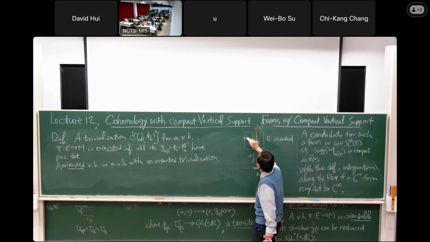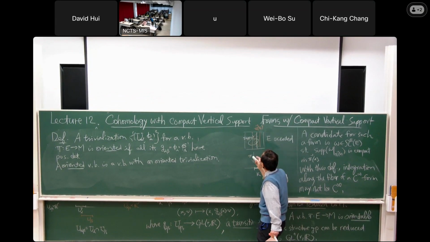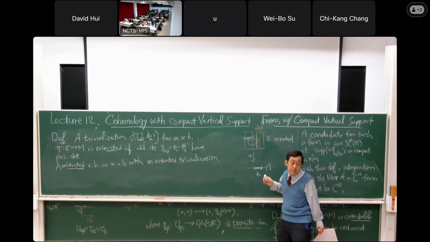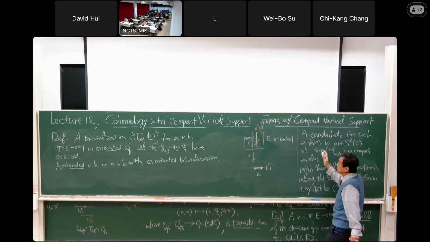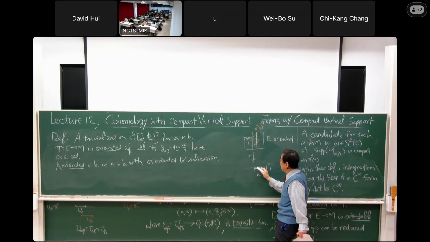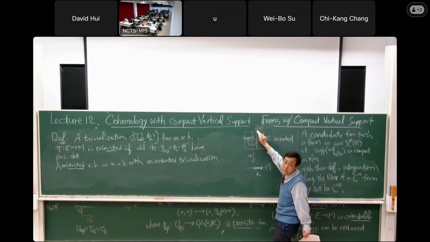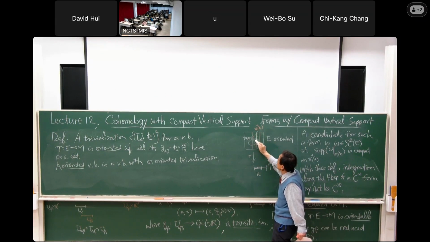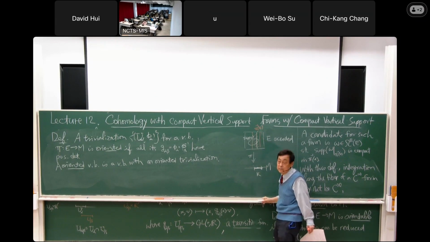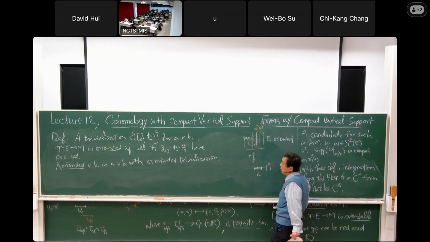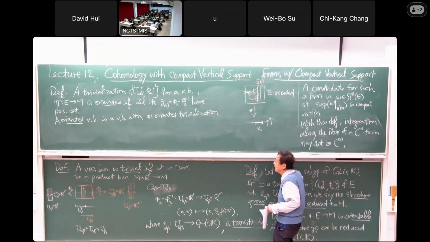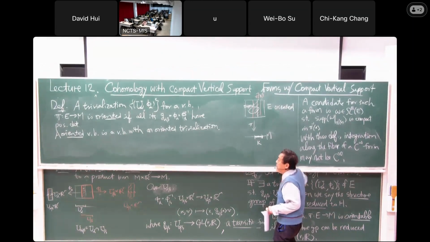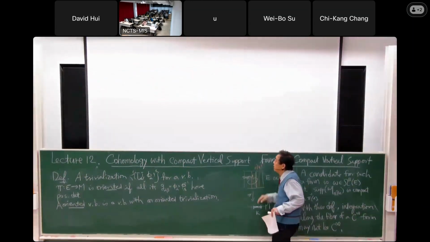Okay? So this will imply compact support along each fiber, because if you take a single point here, which is compact, the inverse image is a fiber, and then it says the support of omega intersected with the fiber should be compact. Okay, so this is the definition of a form with compact vertical support.